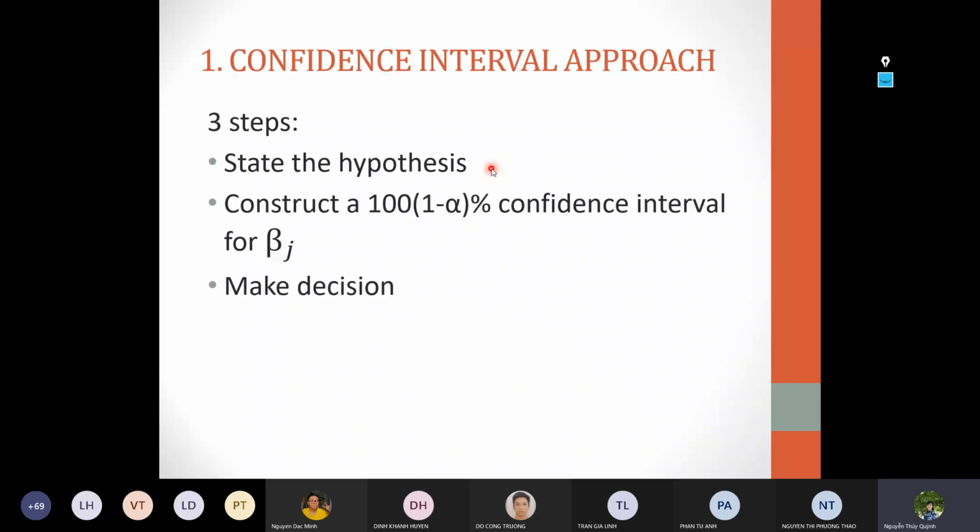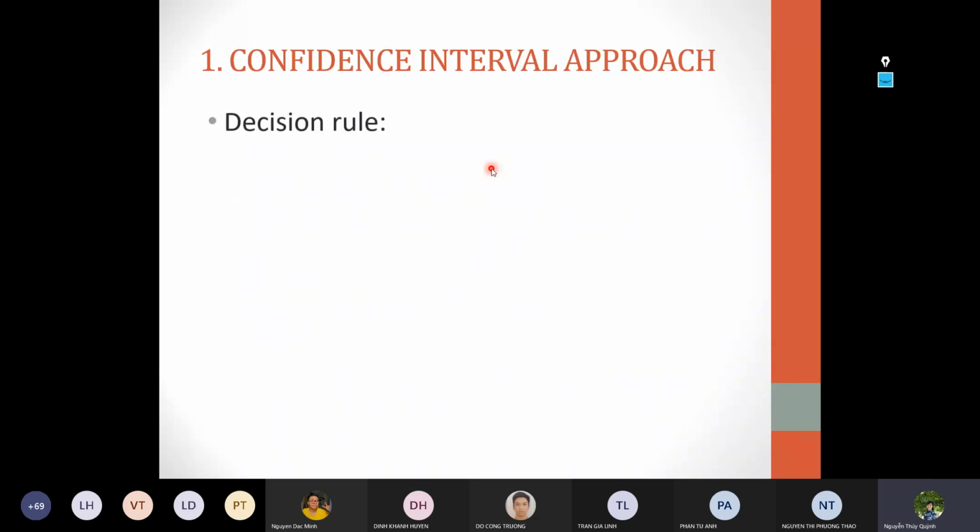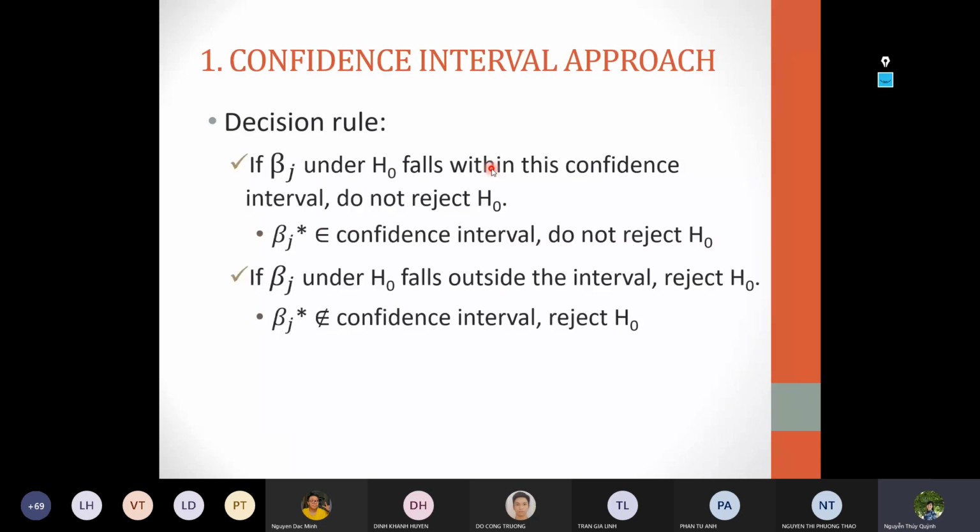The decision rule here is very easy. If beta j star, which is the suspect value, falls into the confidence interval that you have constructed in the second step, then you cannot reject H0.